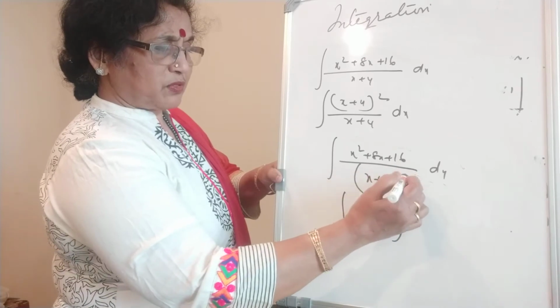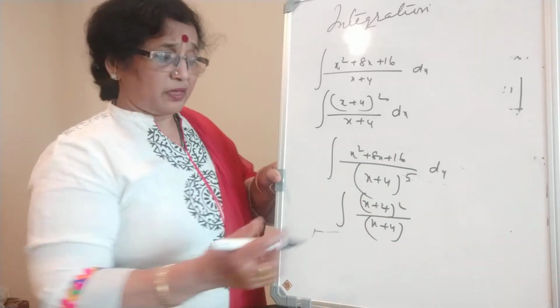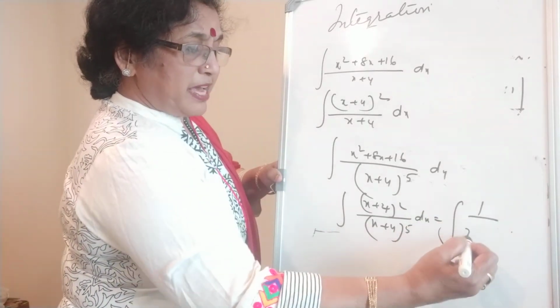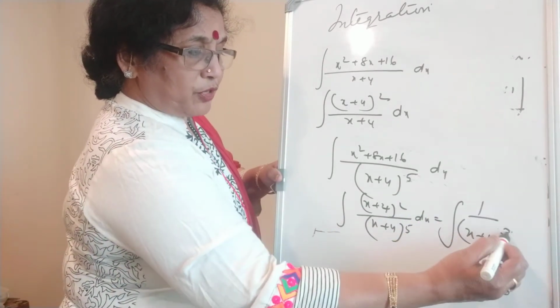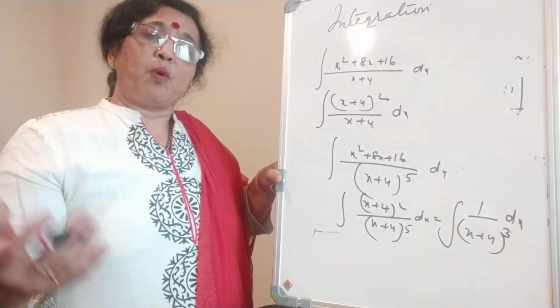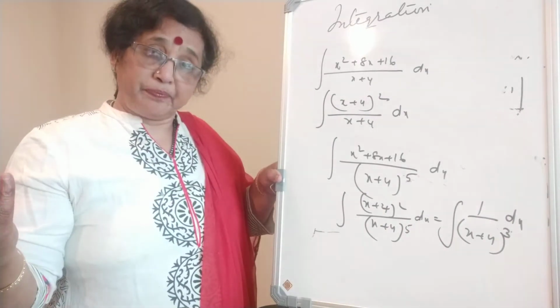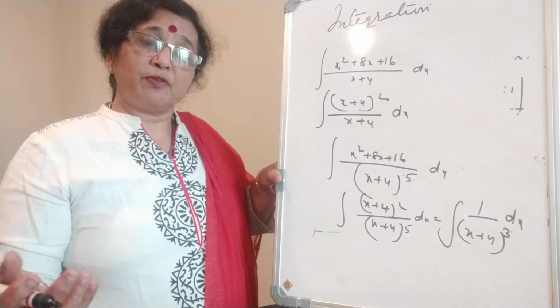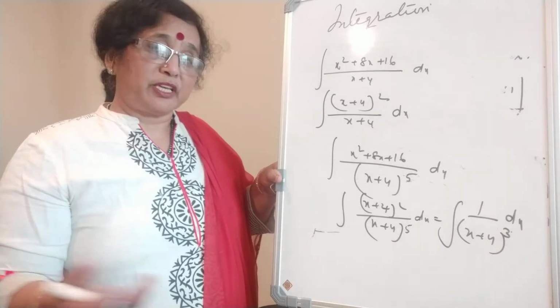Let us say it is the 5th power also, no problem. Therefore, I am left with 1 by (x plus 4) whole cube dx, which I can do similar to 1 by y cube dy. If I take x plus 4 as y, then dx becomes dy.